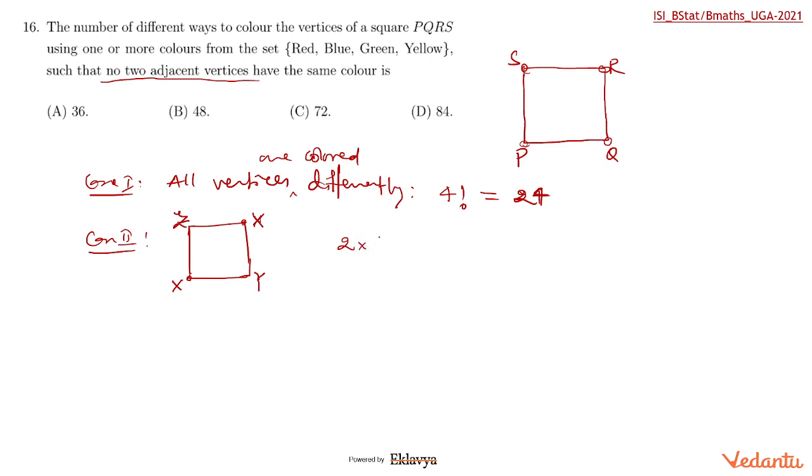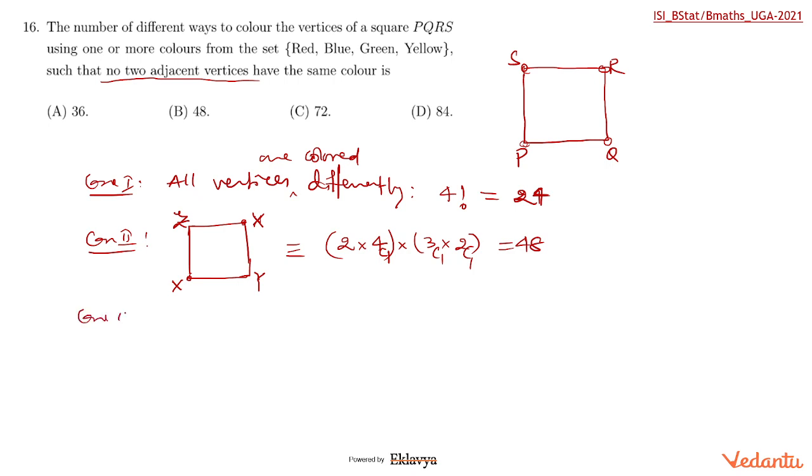So to choose the color, 4 options are there, and at the remaining 2 vertices, for Y we have 3 options because one of the colors is chosen now, 4C1, and for Z we have 2 options, 3C1, 2C1, alright. So this is 4 into 2, 8 into 3, 24 into 2 is 48.